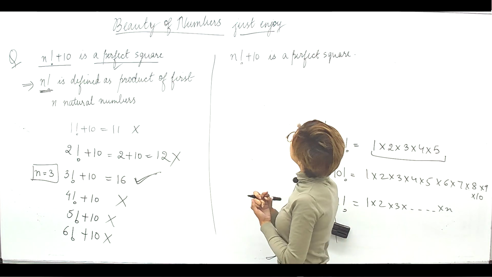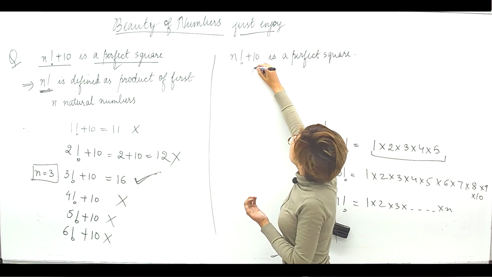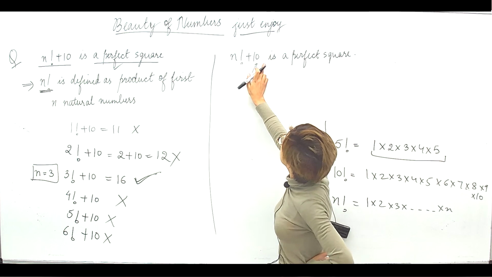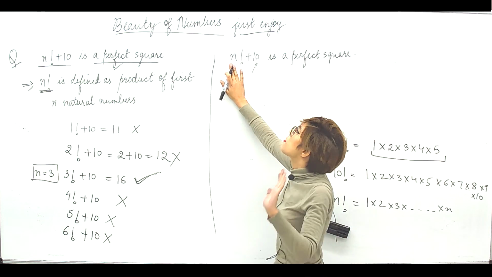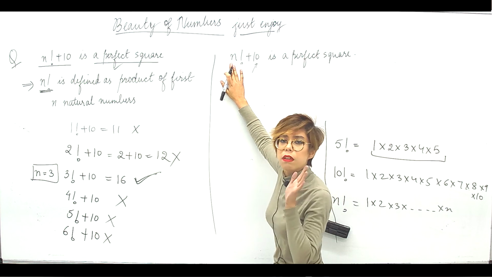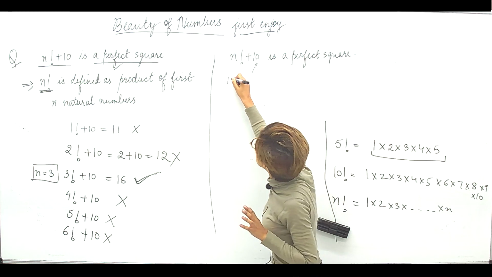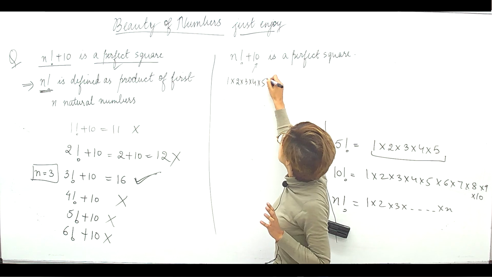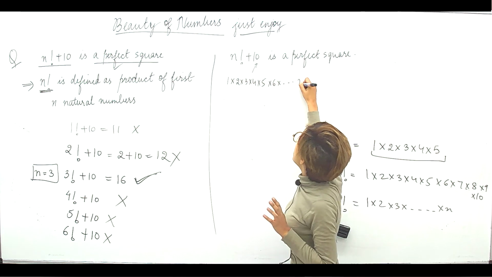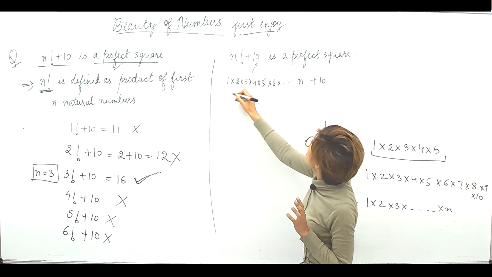If I look carefully, since it is a perfect square, 10 should be a common factor here. So let me first write n factorial: it is nothing but 1 into 2 into 3 into 4 into 5 into 6 and so on till n, plus 10. This has to be a perfect square.